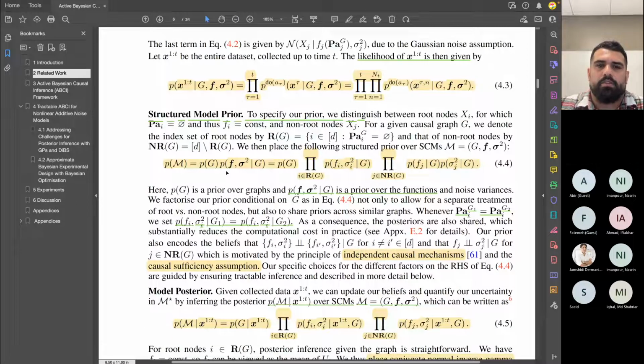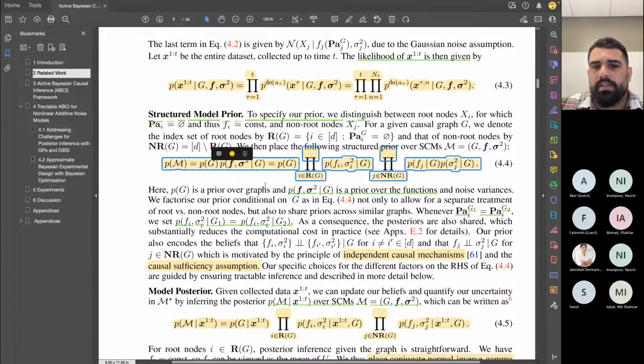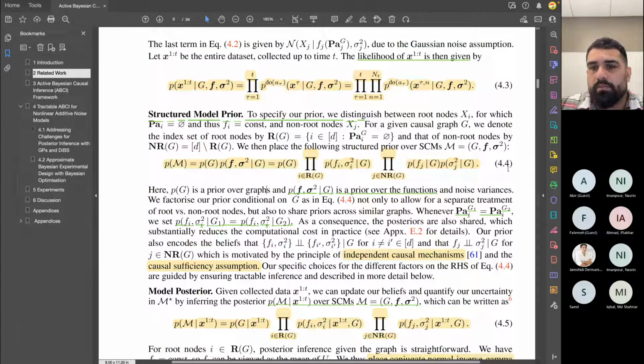Then there's a structured model prior and the model posterior that they talk about. For their model prior, they divide the nodes into two groups: root nodes and non-root nodes, and they take different approaches for them. But overall, they integrate them together in this formula 4.4 into one distribution for the model.